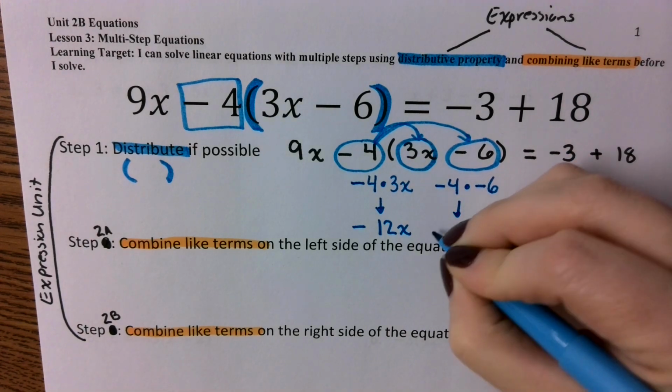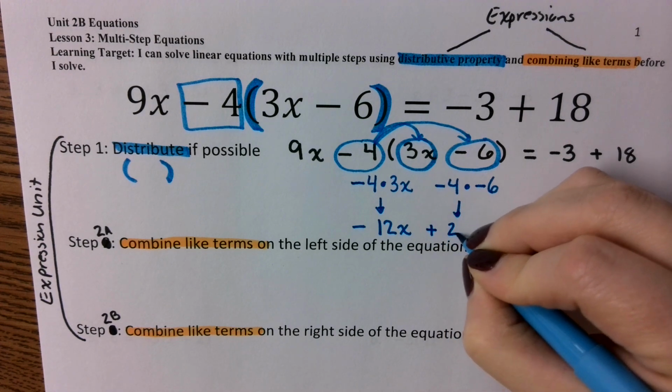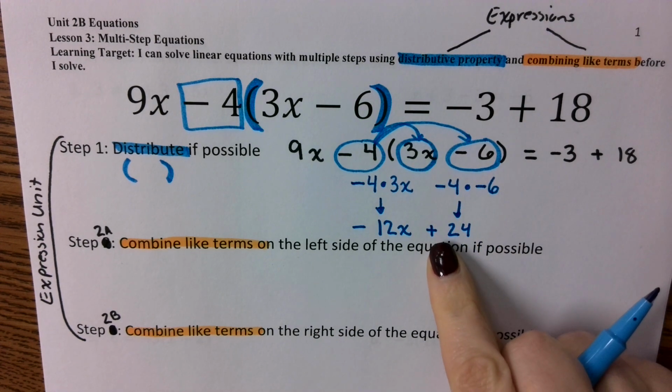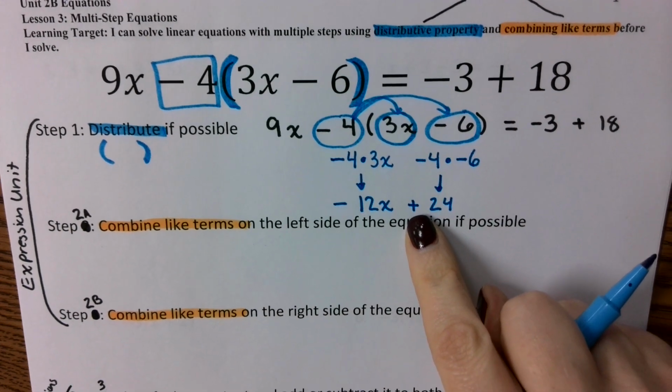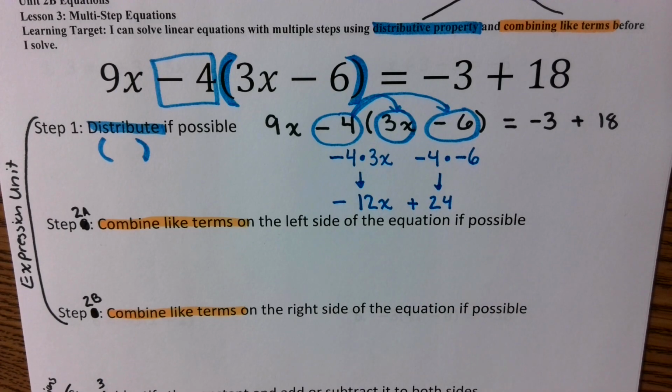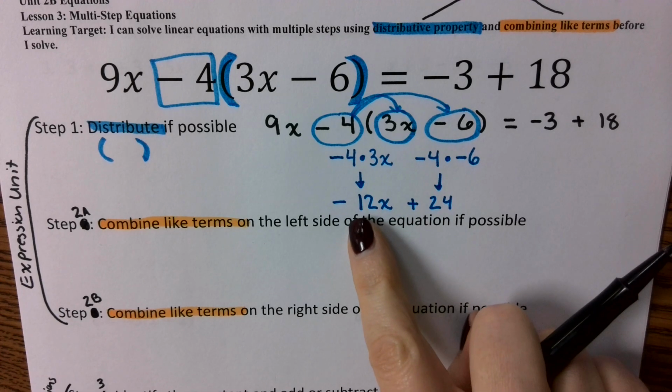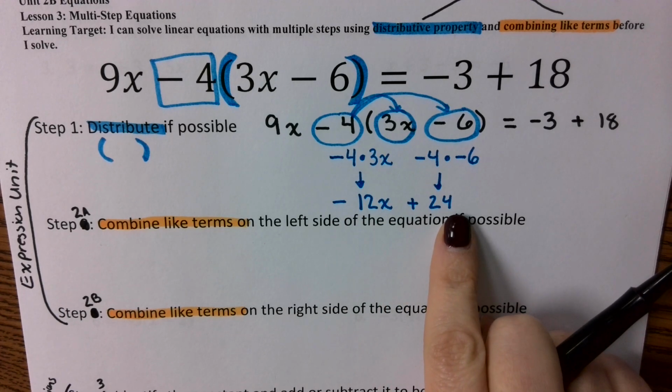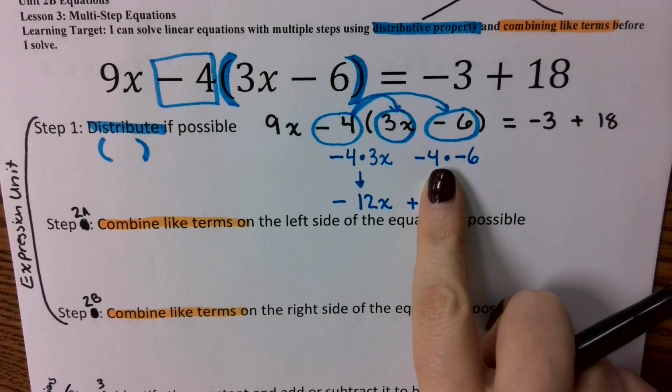And that's going to give us a positive 24. Notice I had to put my plus sign. Remember all the way back to when we were talking about this in our expressions unit. It's just -12x plus 24. Okay, so that's all we have from distributive property.